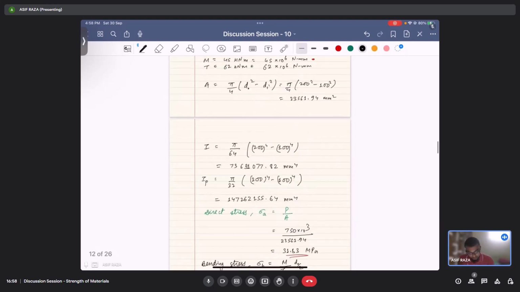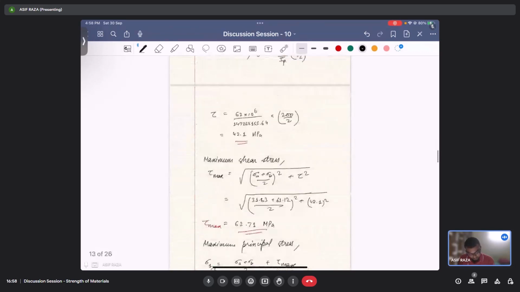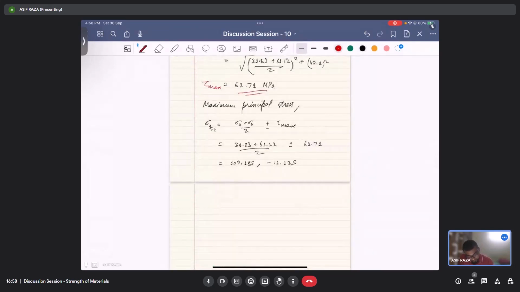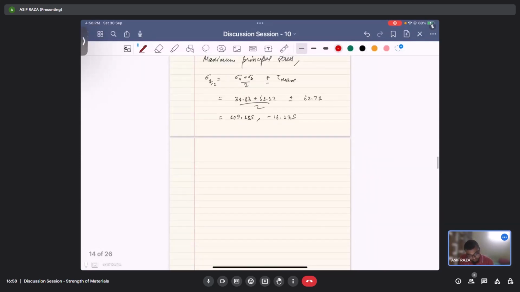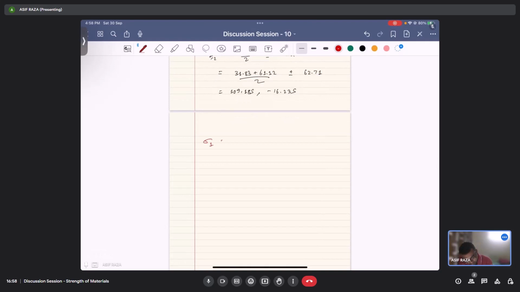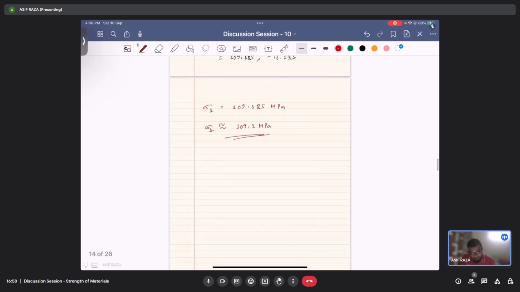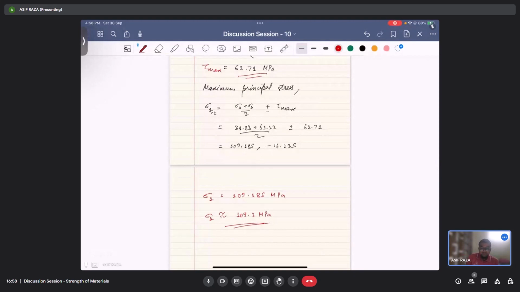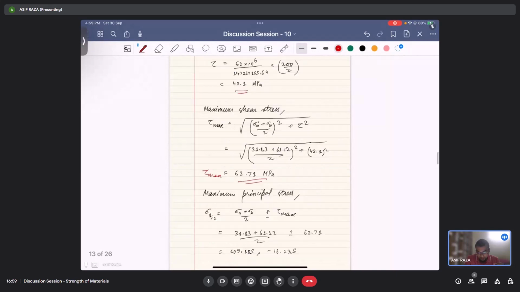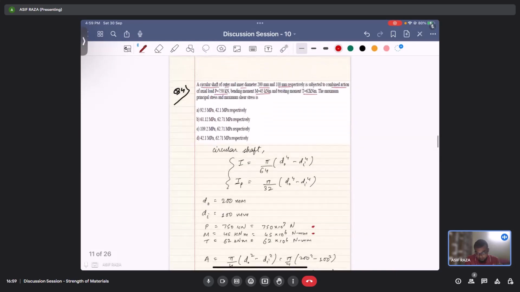Using all the options I saw earlier, sigma 1 would be equal to 109.185 megapascal, or I can write it as 109.2 megapascal. So our maximum principal stress value comes out to be 109.2 megapascal, and maximum shear is 62.71. Let's see all these options.